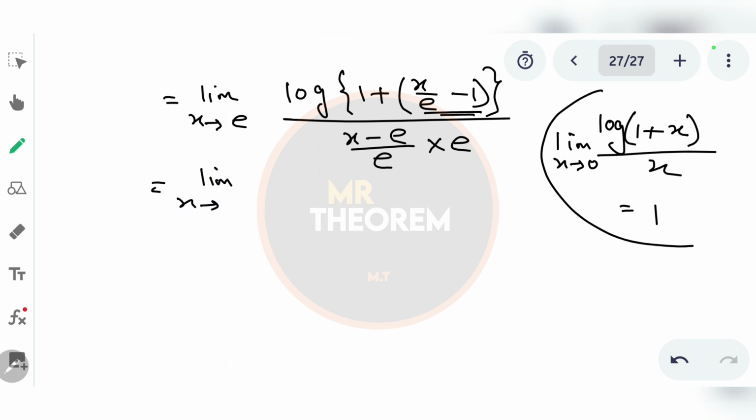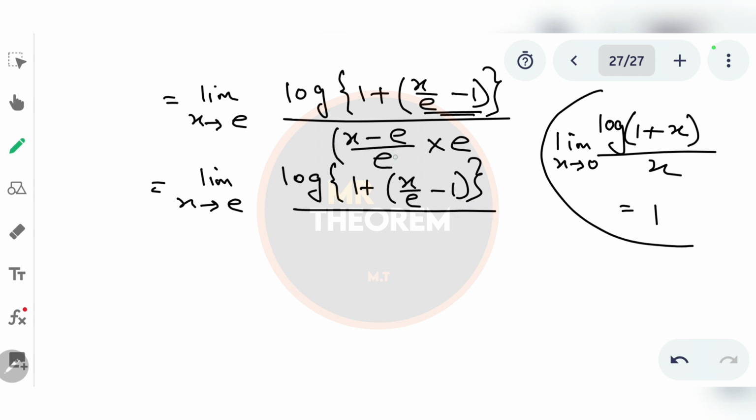Limit x tends to e, logarithm of 1 plus x by e minus 1, divided by, now divide this term, x by e minus e by e, that is 1, and e will be placed here, that is 1 by e.